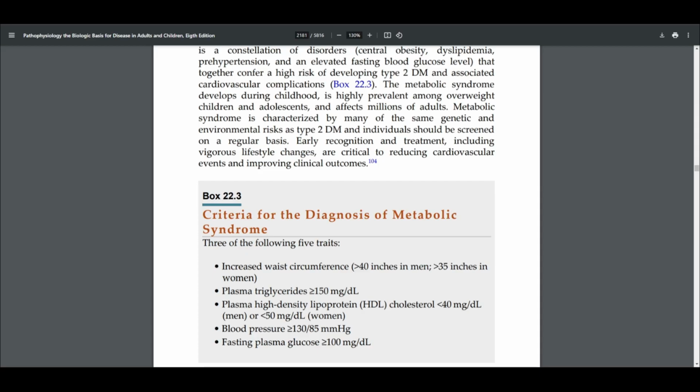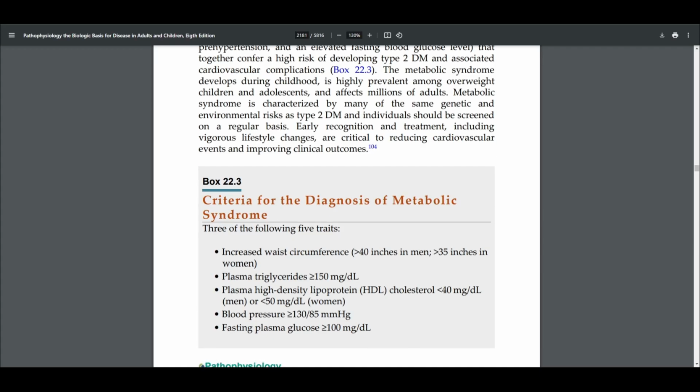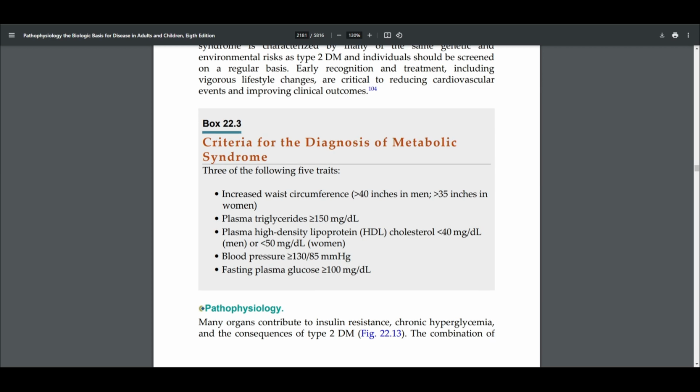Metabolic syndrome is characterized by many of the same genetic and environmental risks as type 2 diabetes, and individuals should be screened on a regular basis. Early recognition and treatment, including vigorous lifestyle changes, are critical to reducing cardiovascular events and improving clinical outcomes.